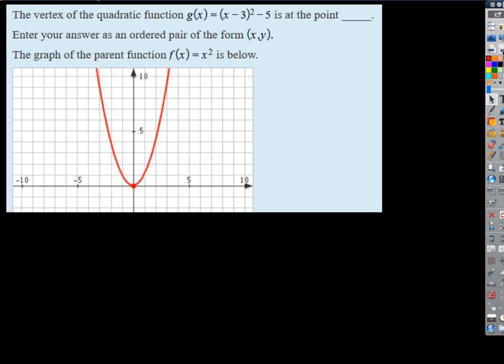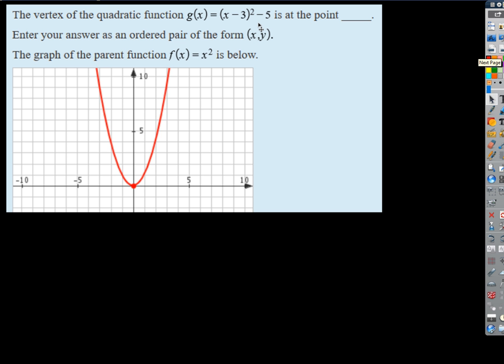Okay, how about this? So here you're given a parent function, f of x equals x squared, which is just a parabola. So we want to know the vertex of this function if we transform it to become g of x.